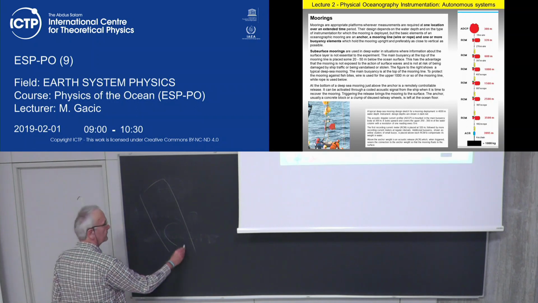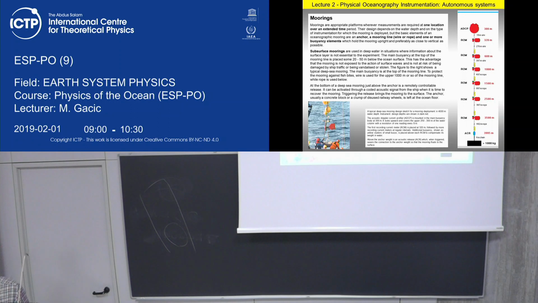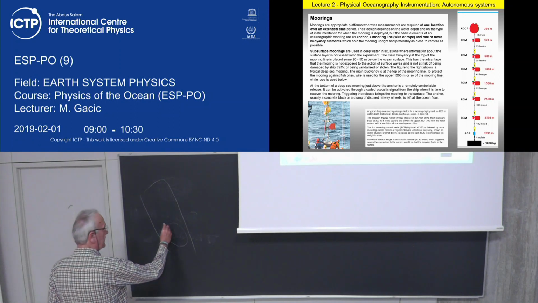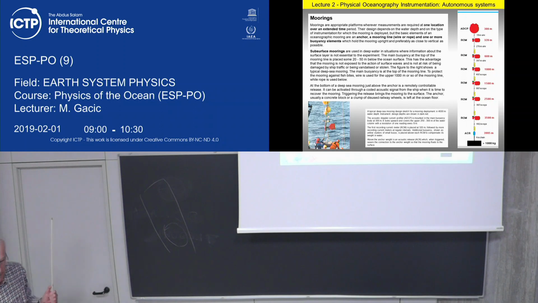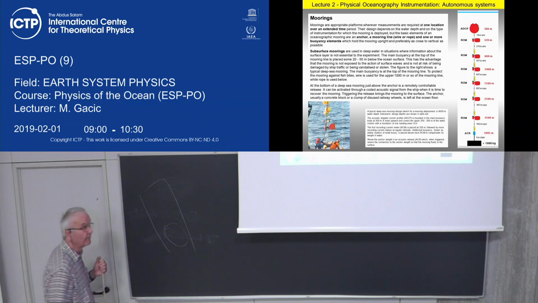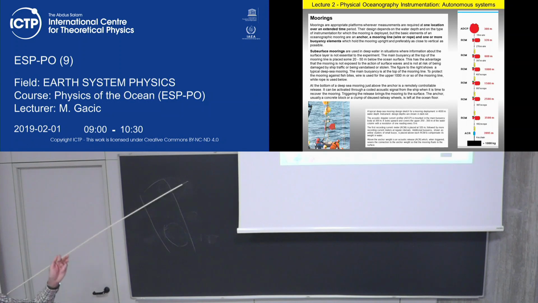And if I find it here, for example, and this is where cyclonic circulation takes place in this concrete case of the Adriatic, then I put my mooring close to the center and try to find out, by having the information on the water column and at the surface, the phenomena which appear, and try to study the response of the water column to this kind of forcing.